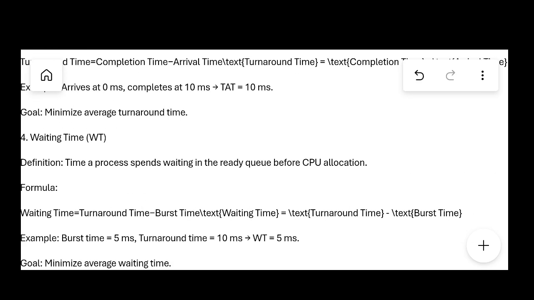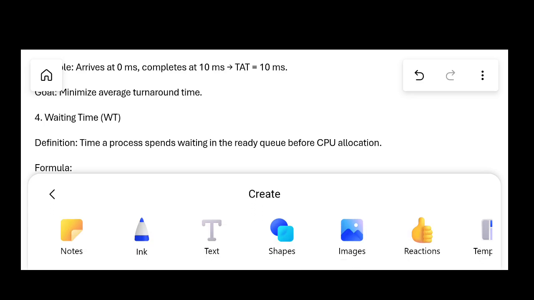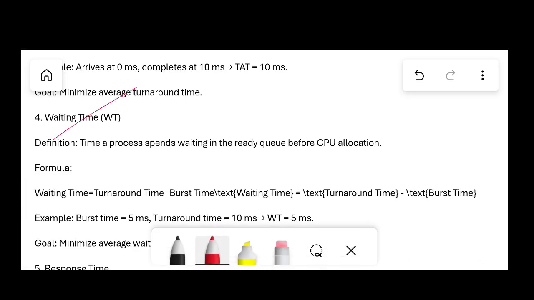Then waiting time. This is the time a process spends waiting in the ready queue before getting the CPU. The formula is waiting time equals turnaround time minus burst time.